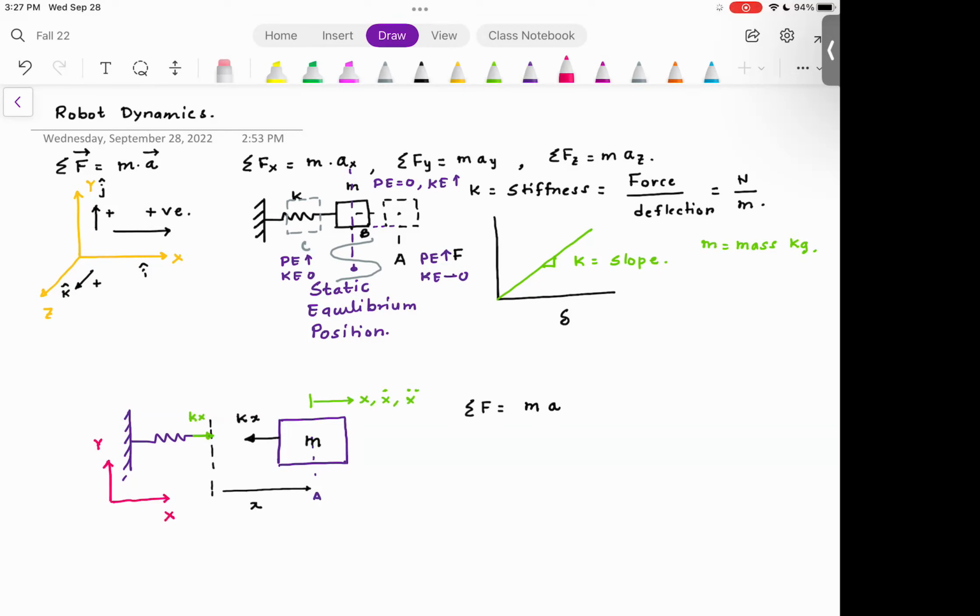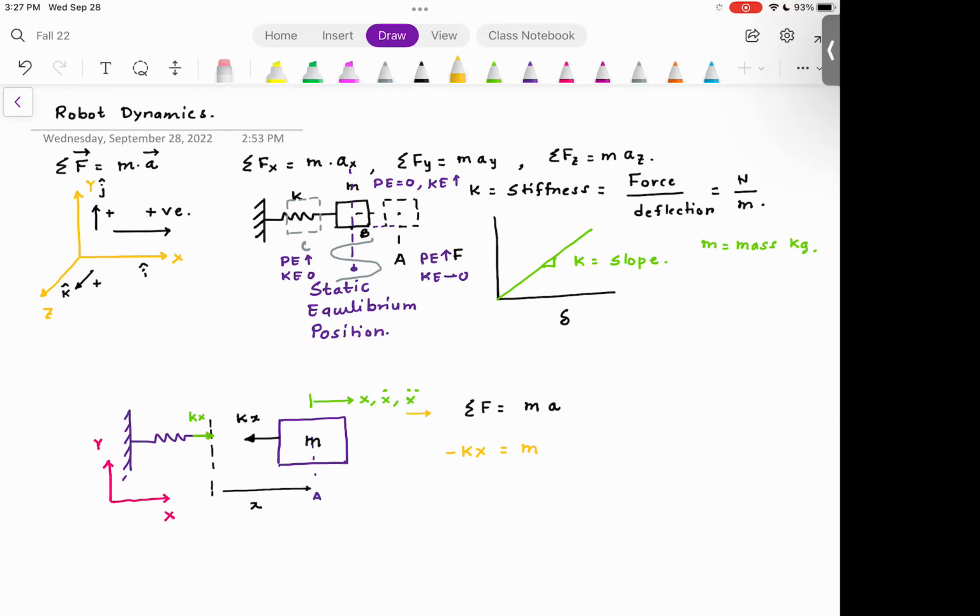So in this particular problem, the force goes to the left. The force is the spring force, and the spring force is opposite to the positive x direction. So I'm going to say this is minus kx. Mass is a scalar quantity. Acceleration x double dot is in the same direction.